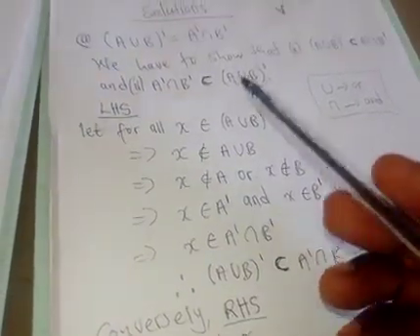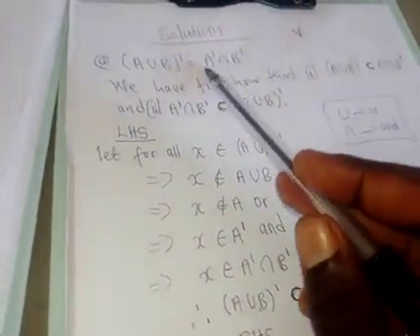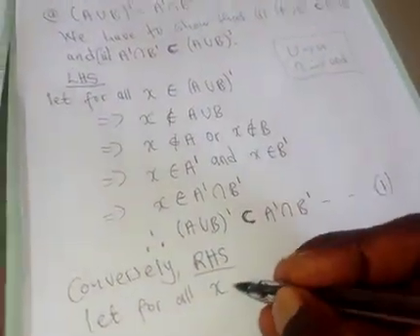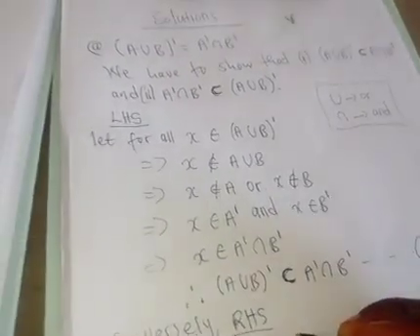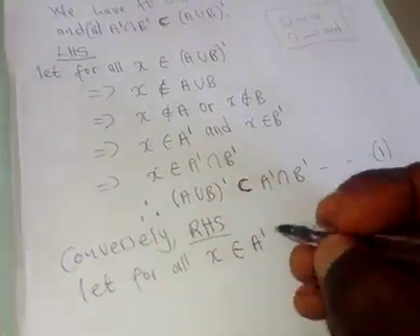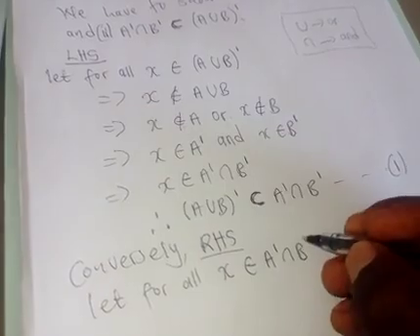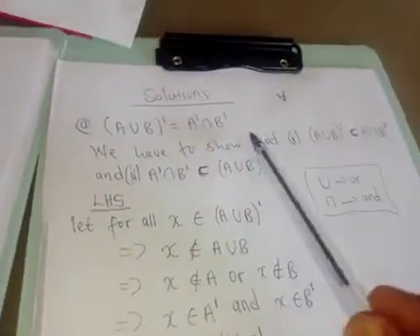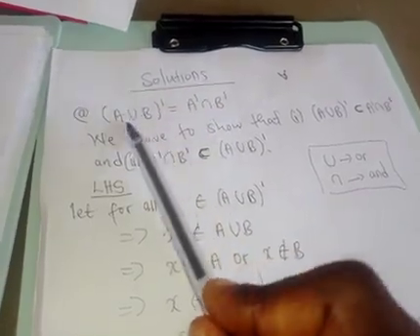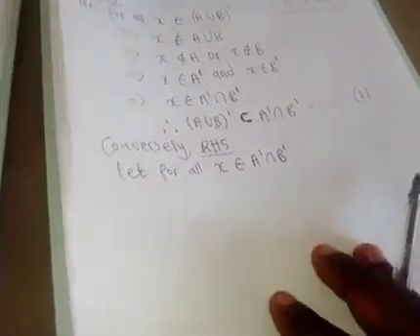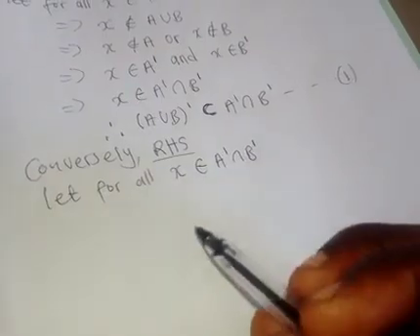So say, let for all x's be members of A complement intersect B complement. Now we are moving from right to left. Just follow the same steps for this one.